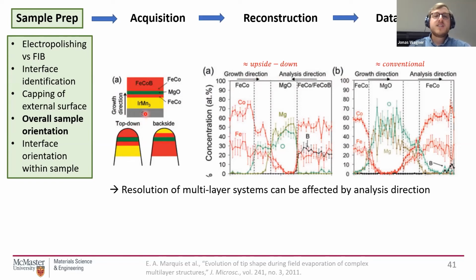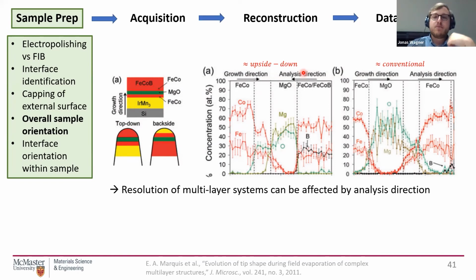But you can also consider running it upside down. If you want to run upside down, it's not as easy as just taking a tip and turning it around. You have to actually fabricate the tip with an extra rotation step in the FIB. So that makes it also a little bit difficult.